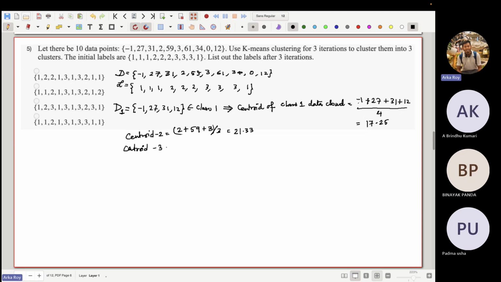Then centroid 3 equals 0 plus 61 plus 34 divided by 3. So this will come to 31.66.